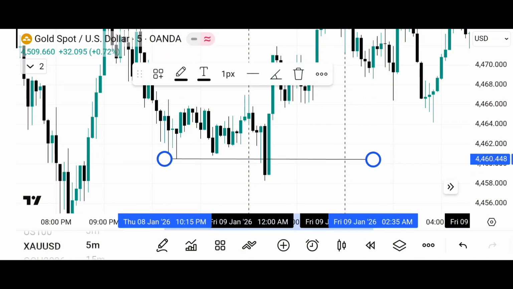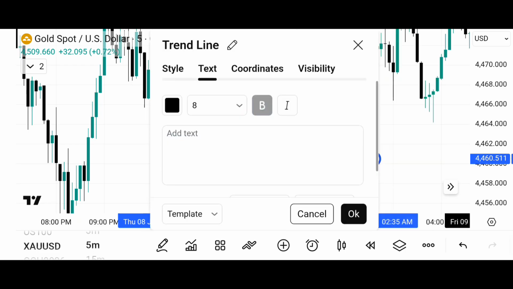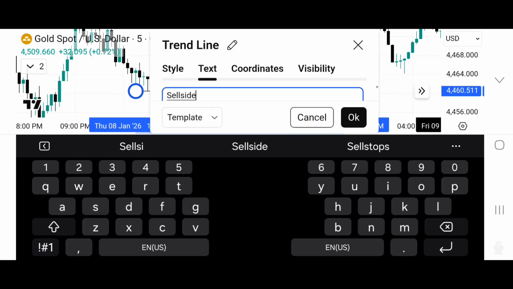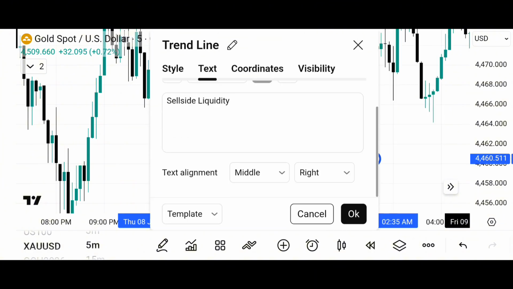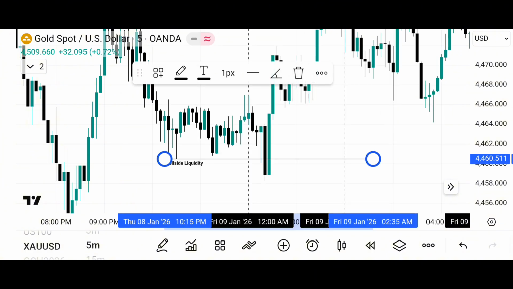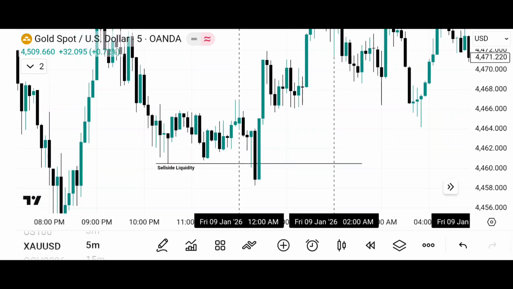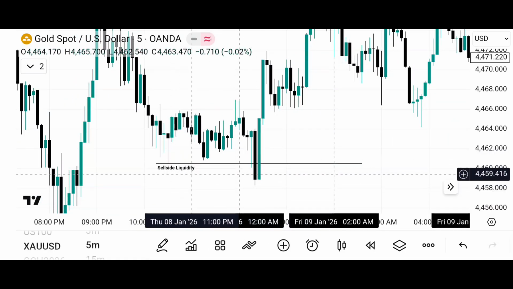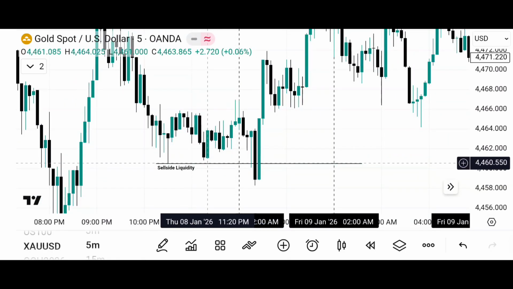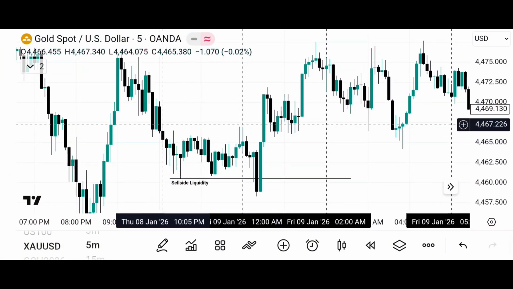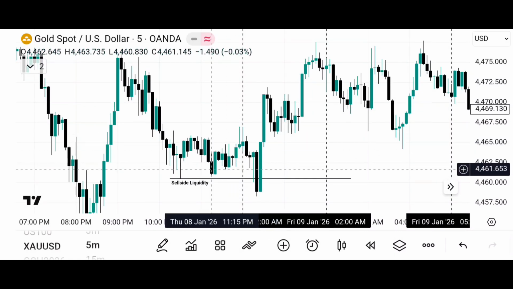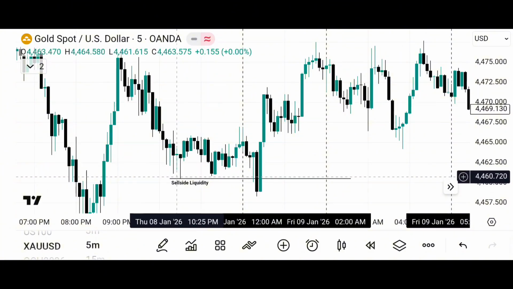And below them lies what? Sell side liquidity. So why is sell side liquidity lying at these lows? Traders who are long at this setup overall, they want to put their stop loss at these lows.